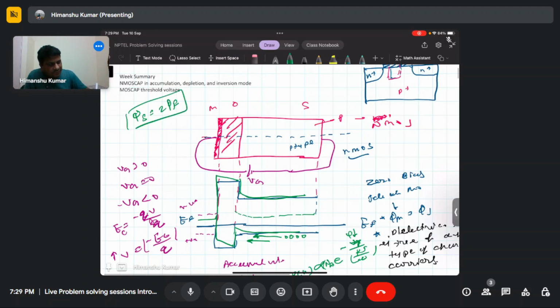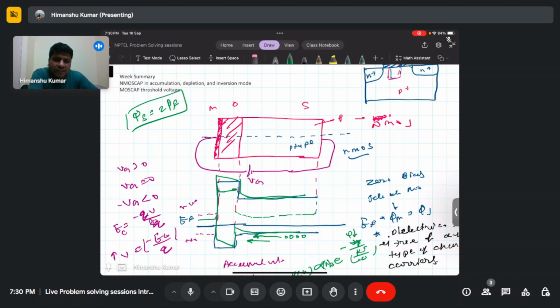If you know this surface potential, then you can calculate exactly how much gate voltage you need to apply to create it, and that will be a function of the thickness of the oxide region. If you have a larger oxide, you need to apply higher voltage. If you have a smaller oxide, you need to apply a smaller voltage. So that was the summary of this week's content.